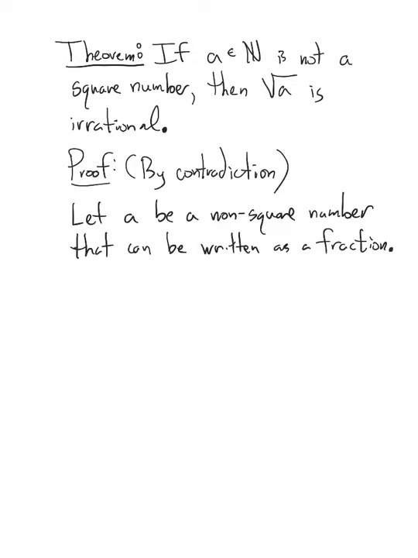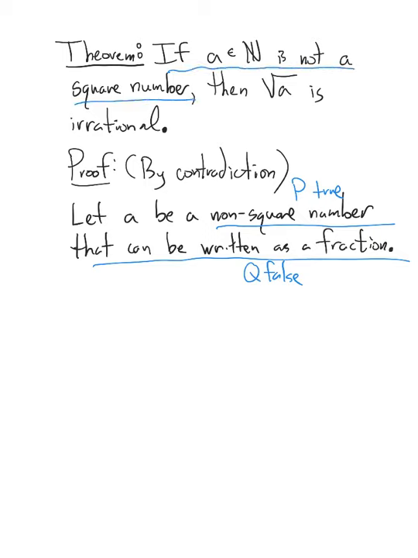So, again, here's P true, and here is Q false. So we pretend like there's a counterexample to our if-then statement here. Here is P, so A is a non-square number, and here's Q: square root A is irrational.